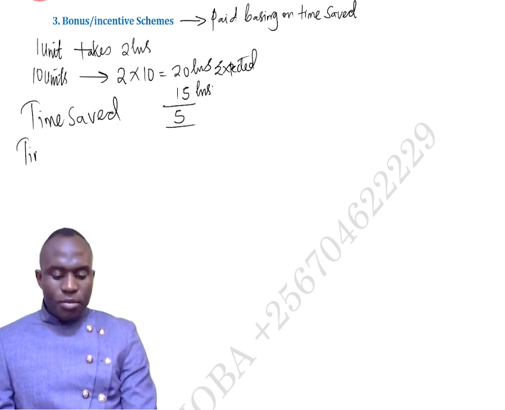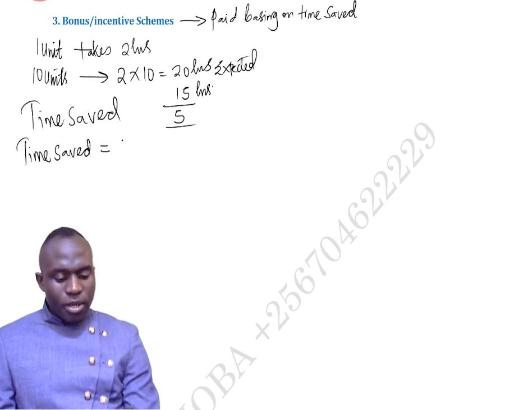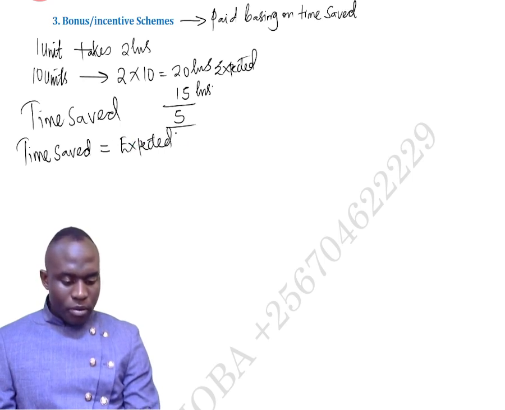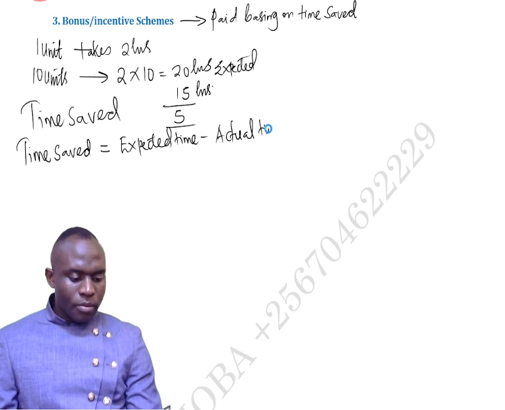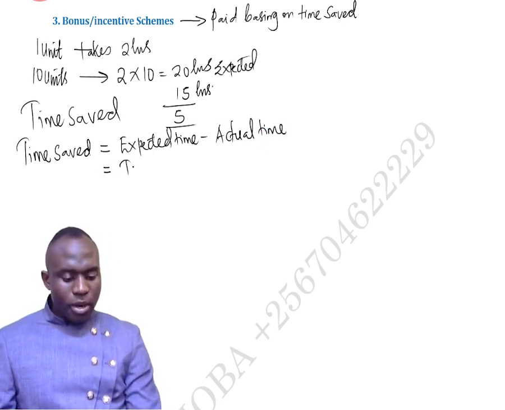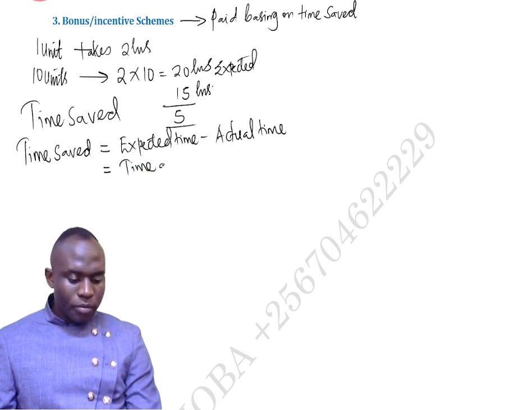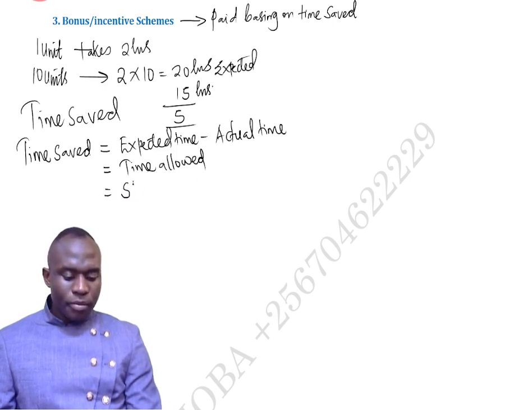And time saved is given by the expected time minus the actual time taken. Now expected time can also be called time allowed, or it can be called the standard time.